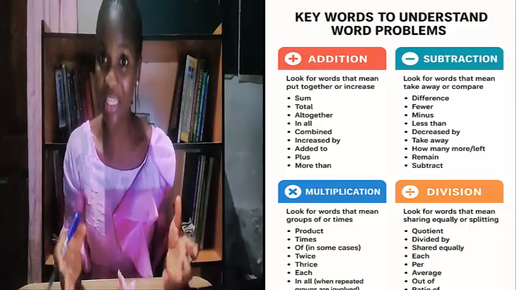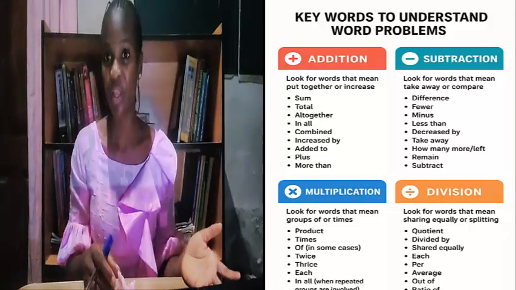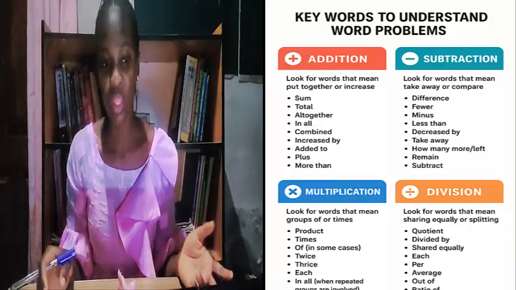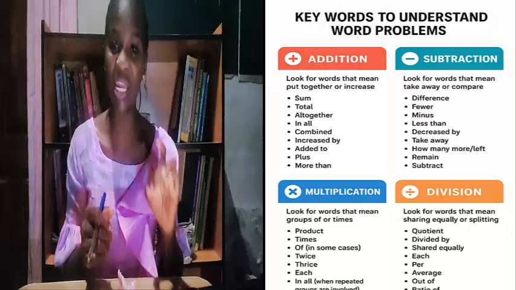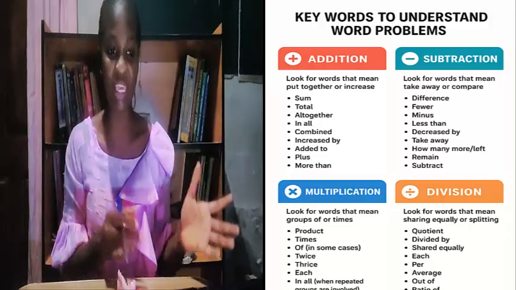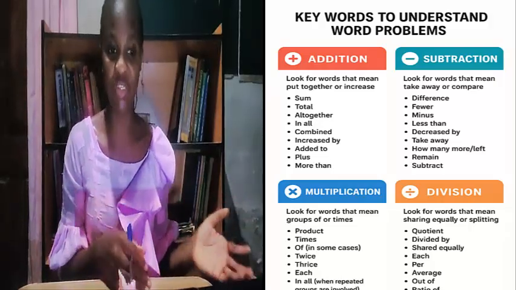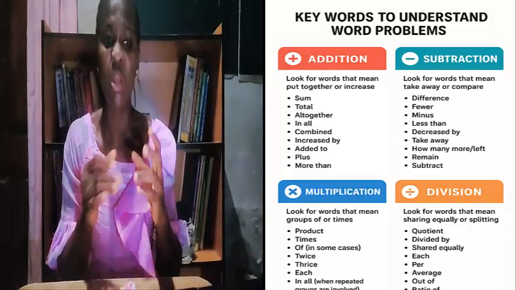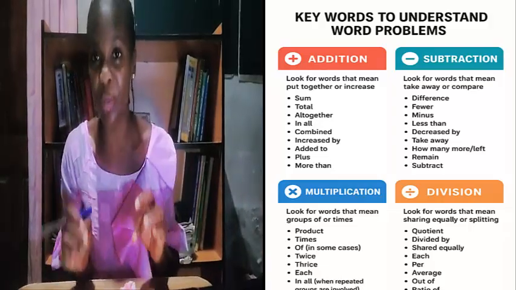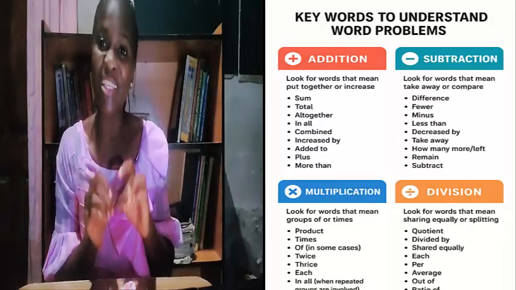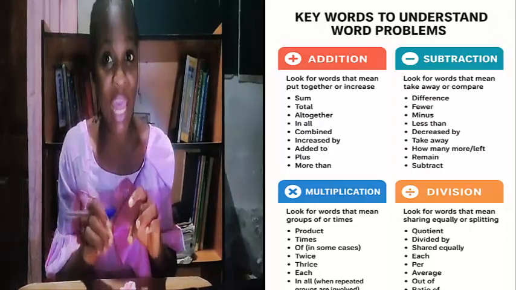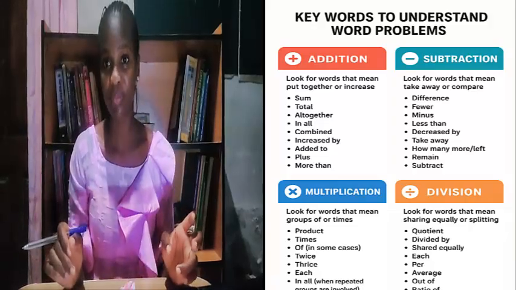That is 18 minus 6 to give you 12. You can also have fewer, minus, less than, decreased by, take away, how many more, left, remain, subtract. So when you see those words, it simply means that you are required to subtract.